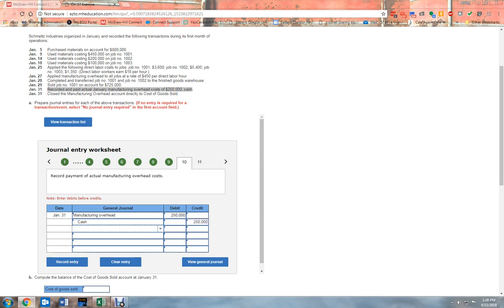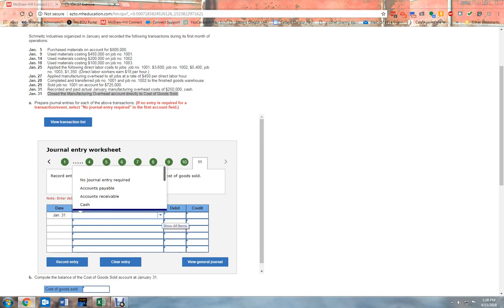So now, since we have actual costs, we need to close the manufacturing overhead account directly to cost of goods sold. Well, that tells us exactly which accounts we're dealing with.